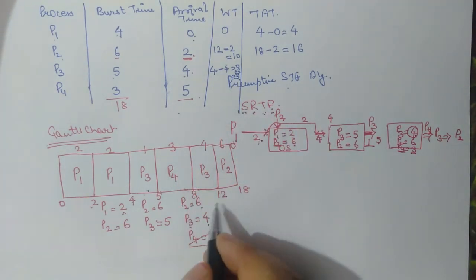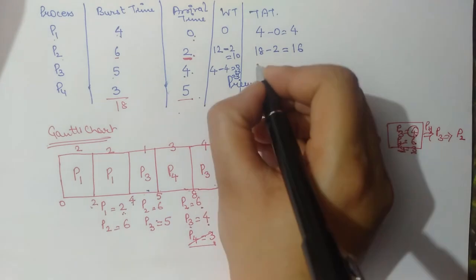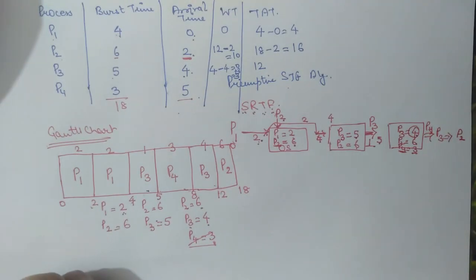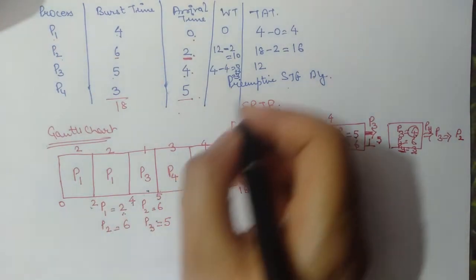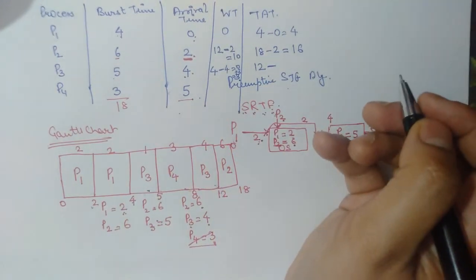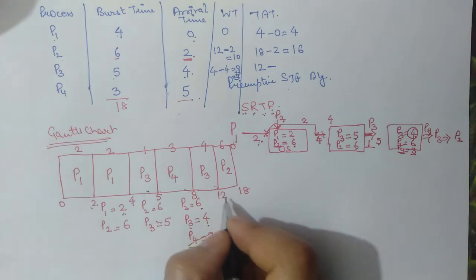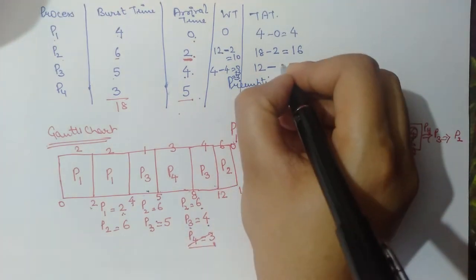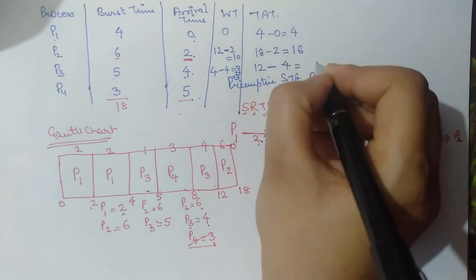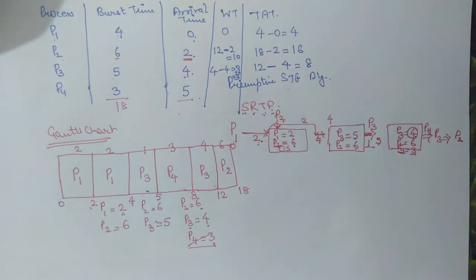And its turnaround time is: it terminated at 12, so 12 minus its arrival time, which is 4. So 8 is its turnaround time.